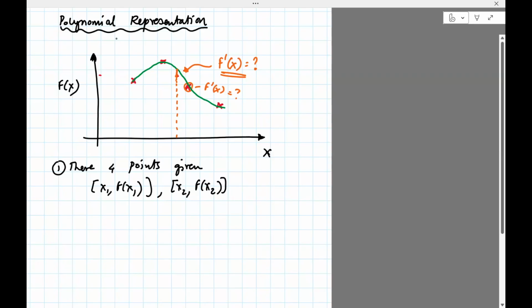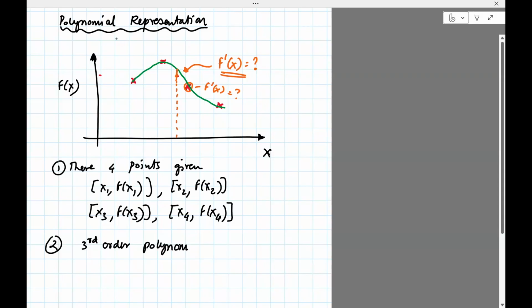Let me just write all of them down: x3, f of x3, x4, f of x4. Okay, so if there are 4 points, then you can ask, what is the minimal order polynomial which will pass through 4 points? And the answer is a third order polynomial will pass through 4 points.